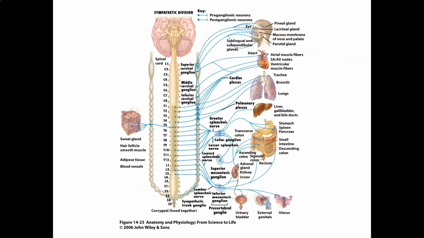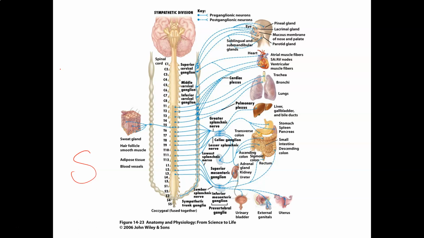Okay, so this complicated looking picture shows a couple things I want to cover. First, let's talk about the location of the sympathetic. We're talking about the sympathetic division right now, the location of the neurons that make up the sympathetic division.